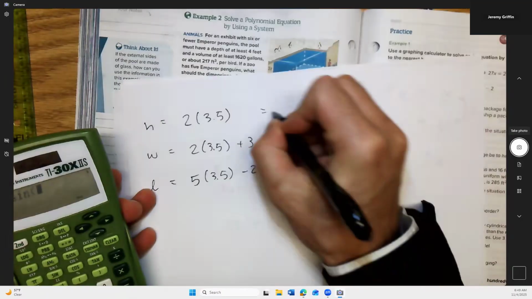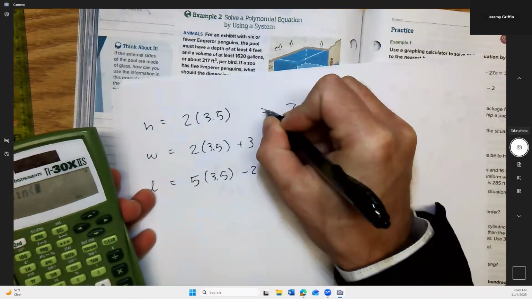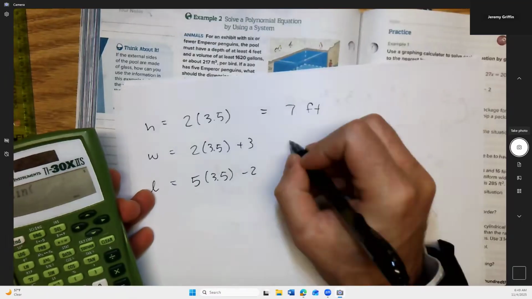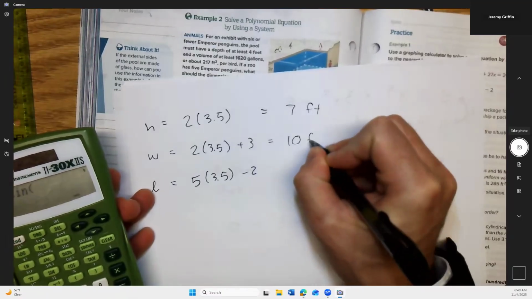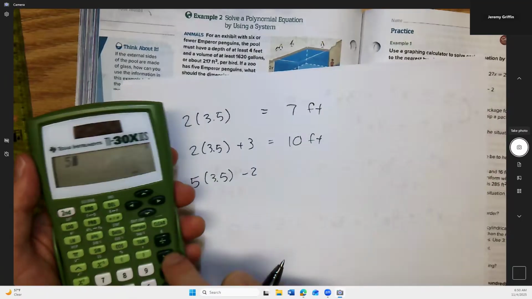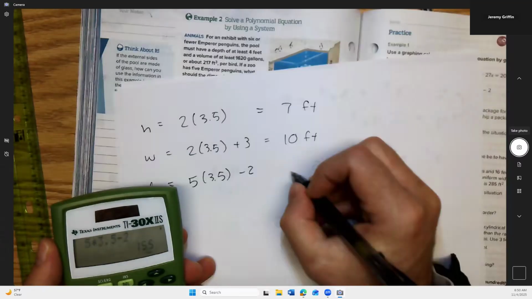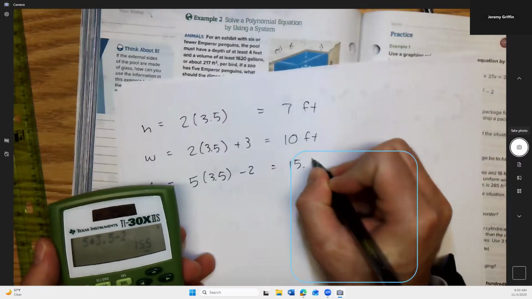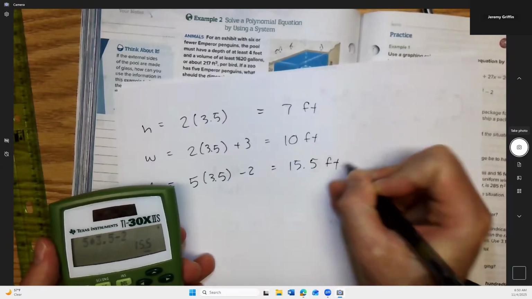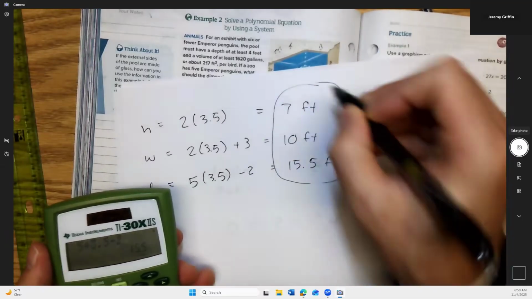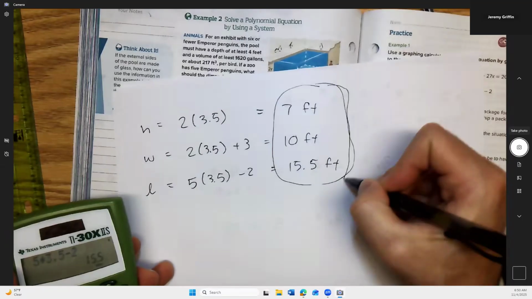Well, this would be 7 feet, right? And then the width is 3 feet more than that, so that's got to be 10 feet. And what is 5 times 3.5 minus 2? That's going to be 15.5 feet. Okay. So these are the actual dimensions you would want on that aquarium.